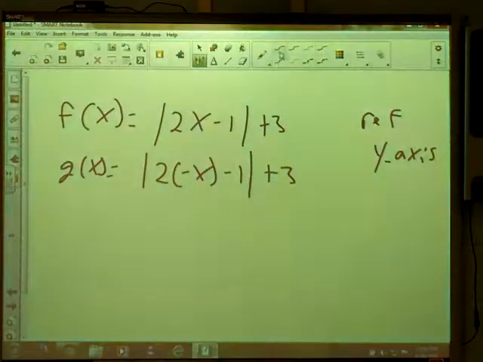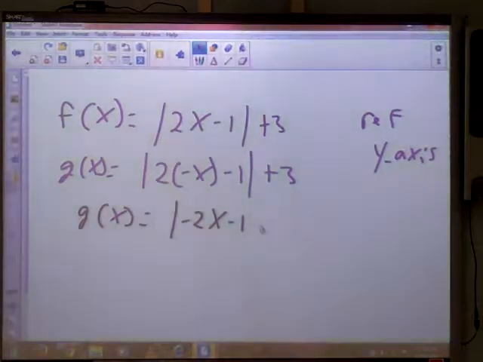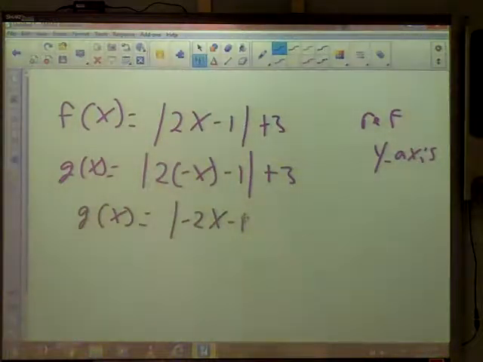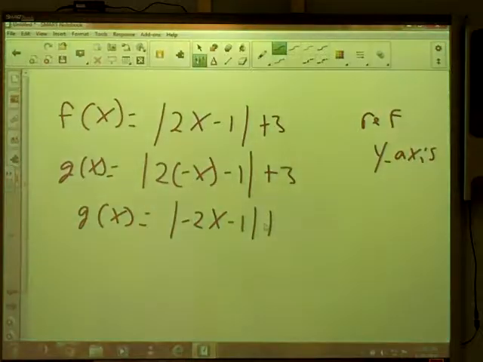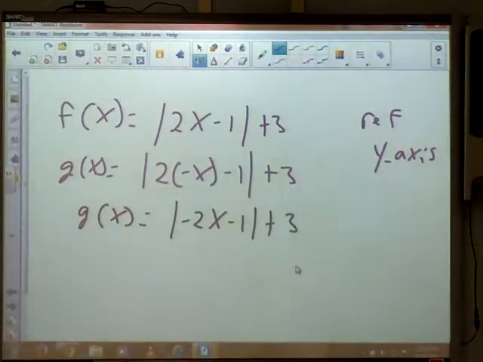There we go. What's 2 times negative x in there? So it's negative 2x minus 1. Okay? Something wrong with that. What's wrong with it? You have that negative in the absolute value. So all I need to do is get the negative out of the absolute value.